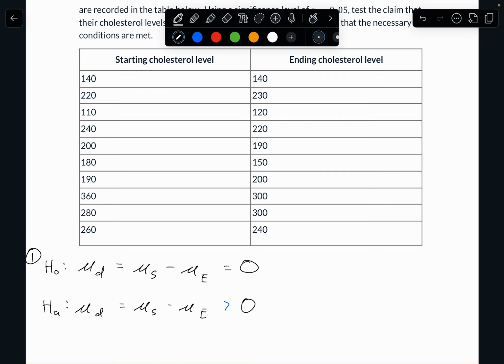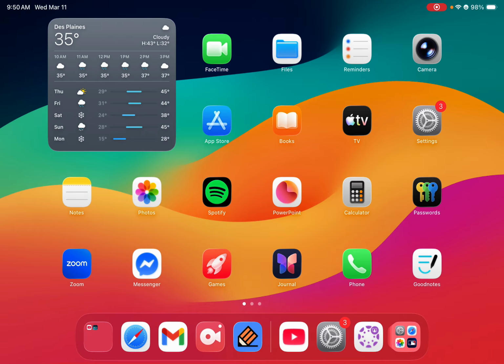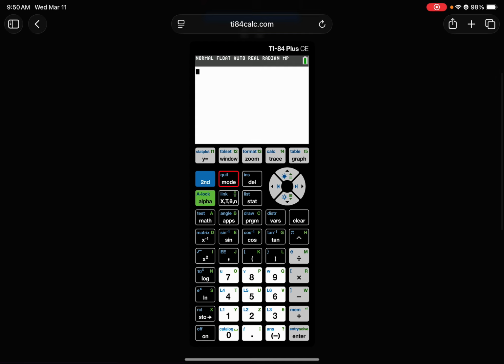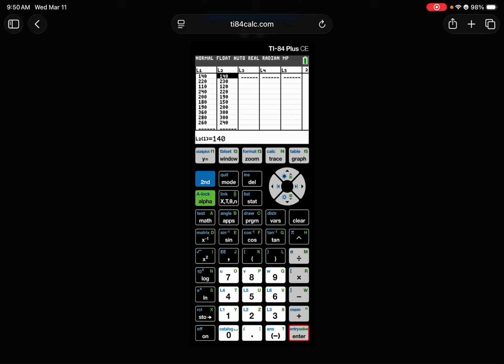So I've already done that here. Let me hop over. If you need to take a moment to enter that data in, remember you can press Stat and then choose number 1, Edit. I've already entered the before data into L1 and the after data into L2. To find that difference data, remember, I'm going to scroll over to L3.